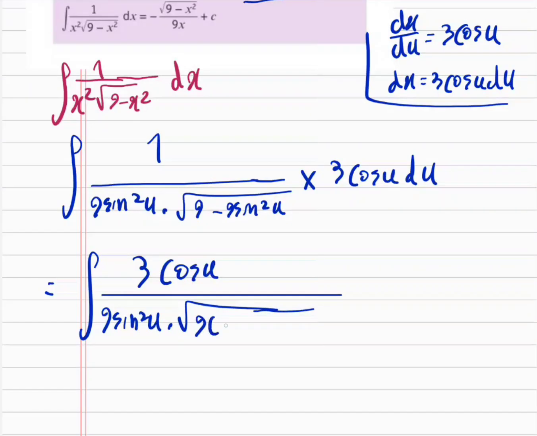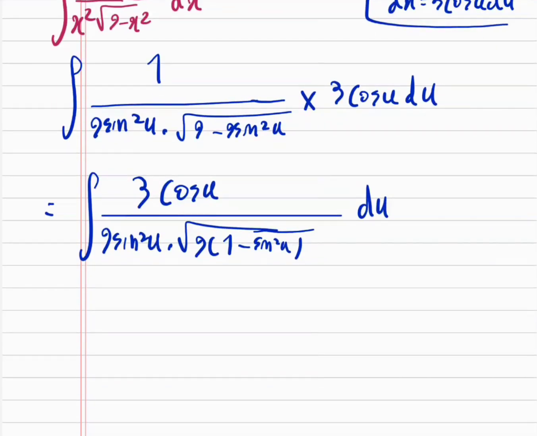So we can take a factor of 9 and we get 9 times 1 minus sin squared u. And that's where the magic happens, right? Because 1 minus sin squared u is simply cos squared u, and the square root of 9 cos squared u is simply 3 cos u.